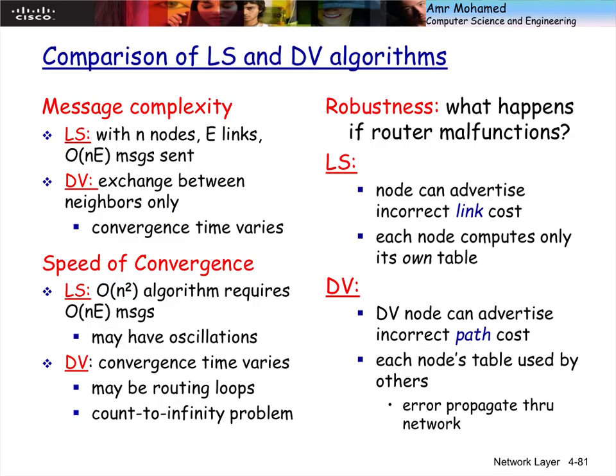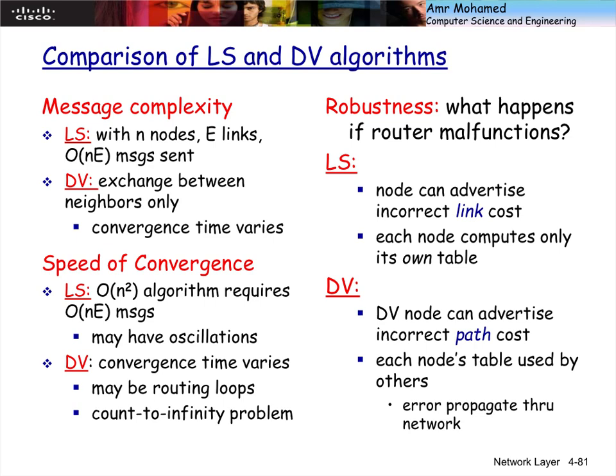So each node has to collect the link states for all the edges and send them to all the nodes in the form of flooding. That's why the complexity for the number of messages is n, the number of nodes, times e, the number of edges. So all the link states for the edges have to be flooded in the network to reach all the nodes. So the complexity is n times e.